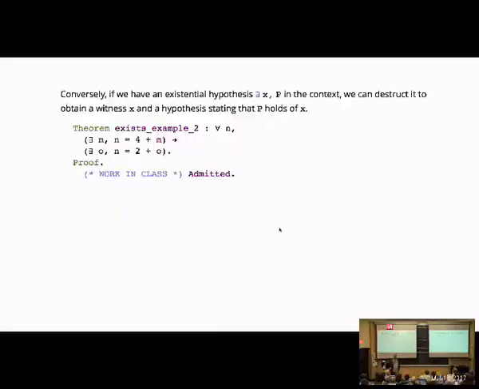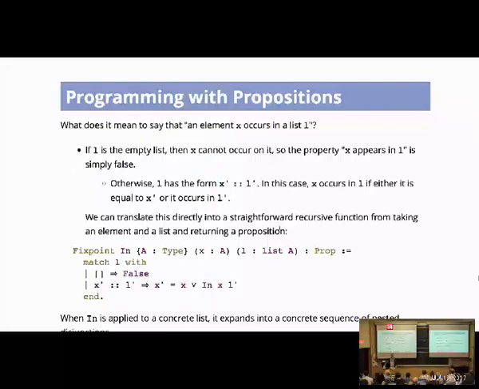So if we're given an existential assumption, we can use destruct on it to put into the context a variable n in this case, and an assumption that n has the required property. All right, so it breaks the existential into two and puts both parts in the context. Okay.